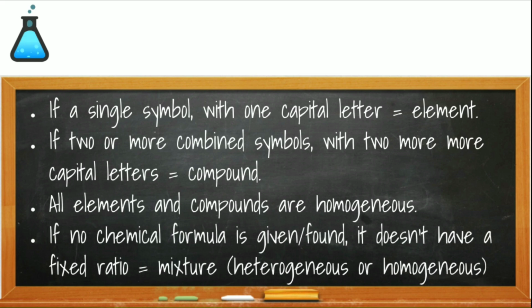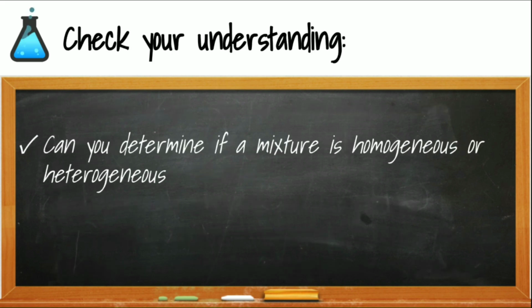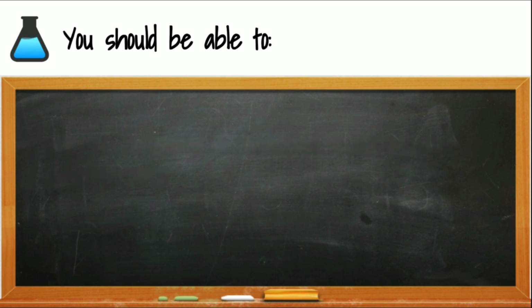If no chemical formula can be given or found, then we know that we don't have a fixed ratio of components, and therefore you could have a mixture. Now, the mixture could be homogeneous or heterogeneous. So by now, you should be able to determine if a mixture is homogeneous or heterogeneous.